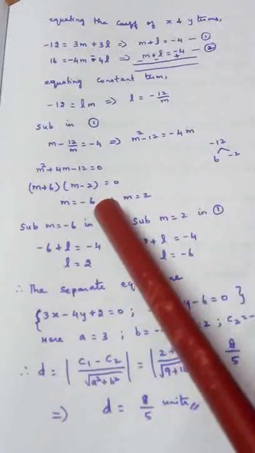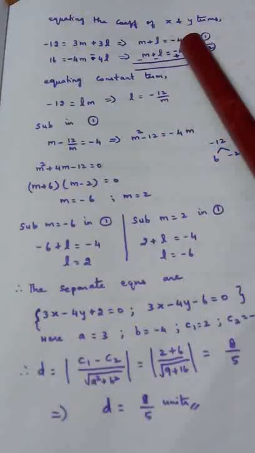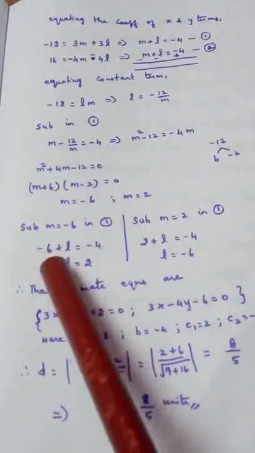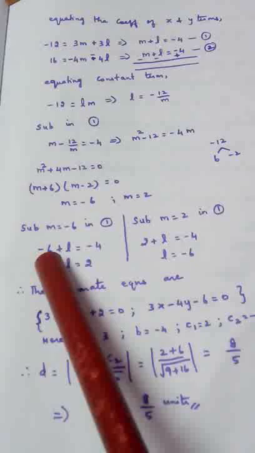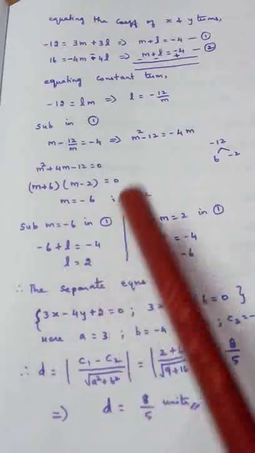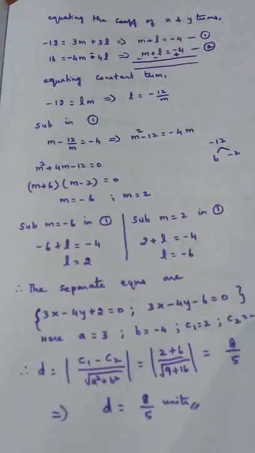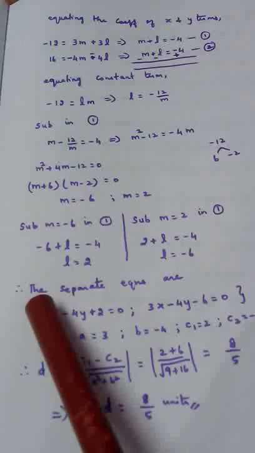Substitute the M value in either the first or second equation. I am using the first equation. Substitute M is equal to minus 6 in 1. We get L is 2. Substitute M is 2 in 1. L is equal to minus 6. So now we have found the constants. Now I can say what the separate equations are.